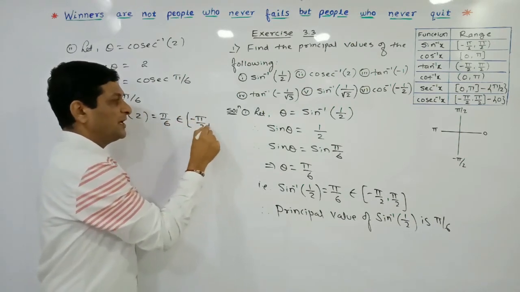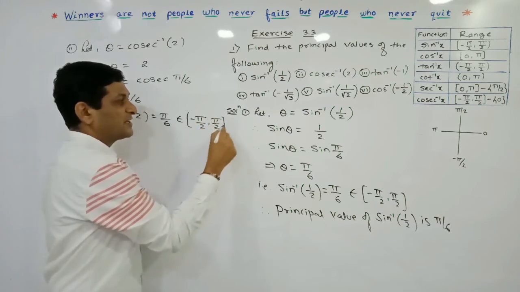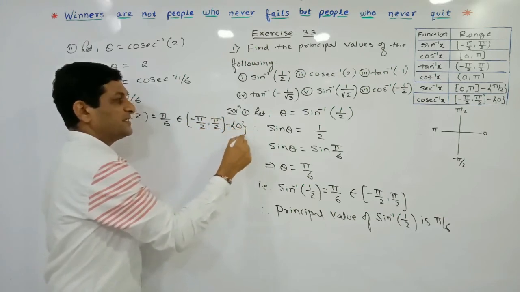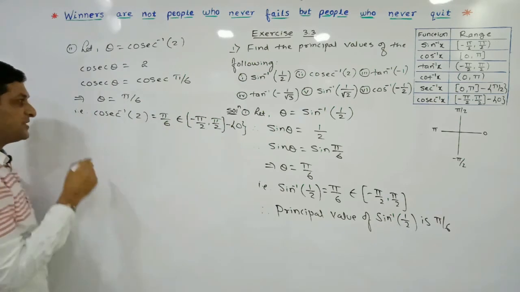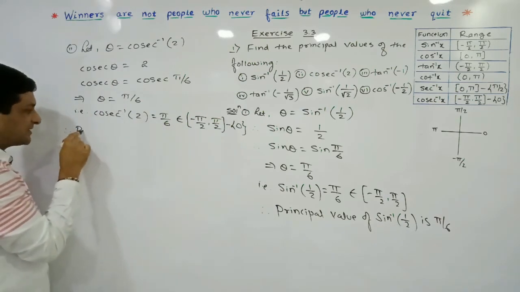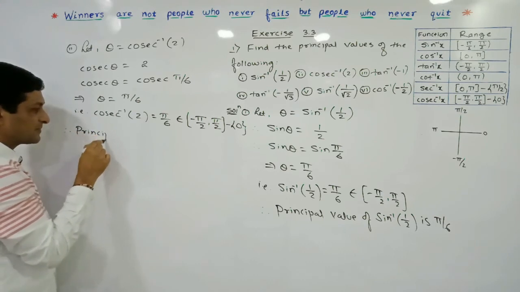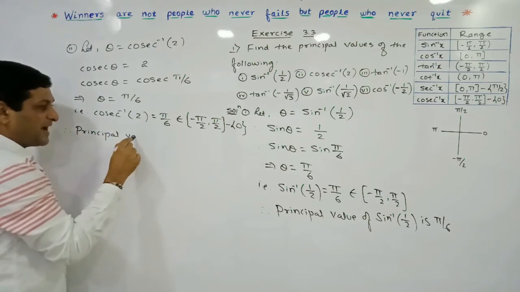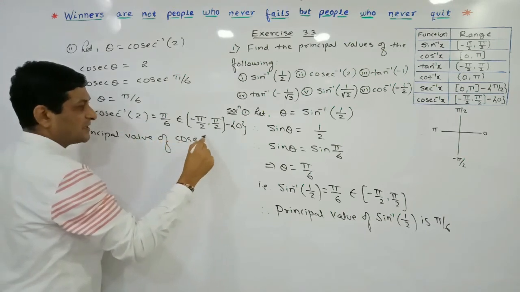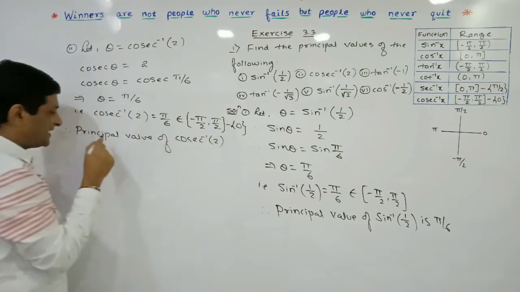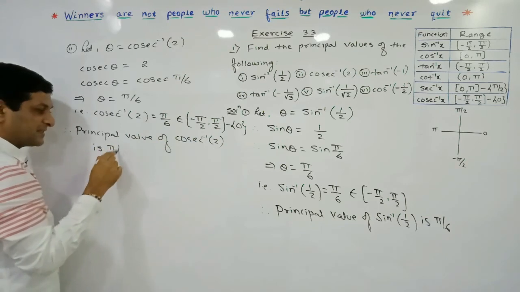Since it belongs to the range, we can say that it is the principal value. Therefore the principal value of cosec inverse of 2 is pi by 6.